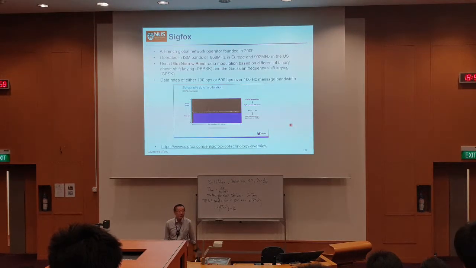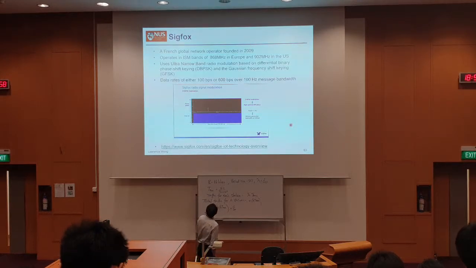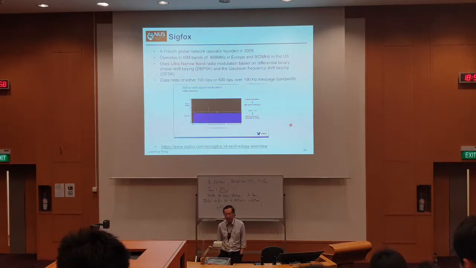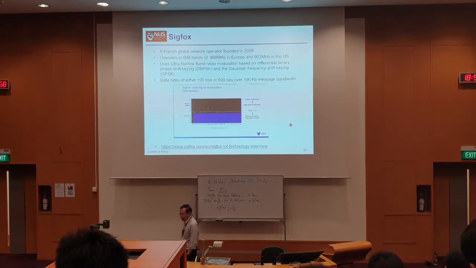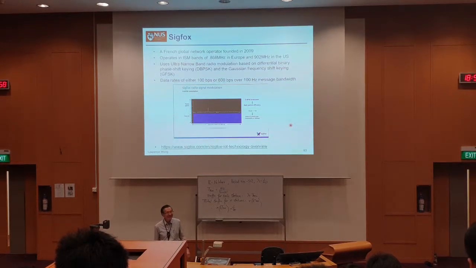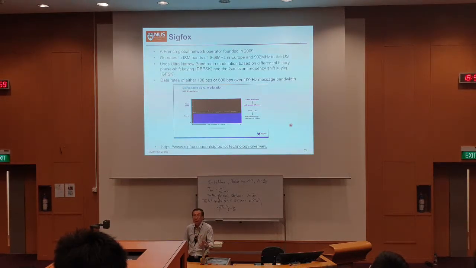Finally, we have Sigfox, again a very recent one, 2009, in French. It operates at the lower ISM bands. By the way, these 868 and 902 are the ISM bands used when we had analog cordless phones. You remember analog cordless phones?